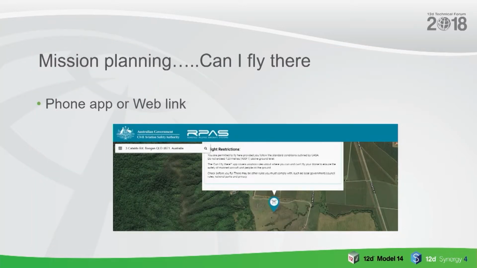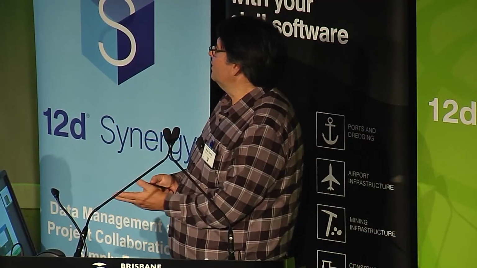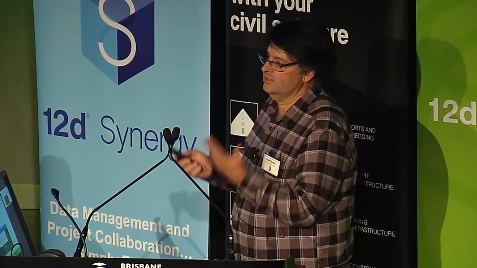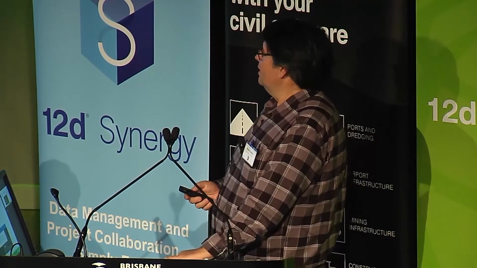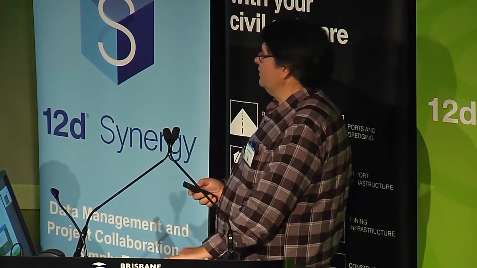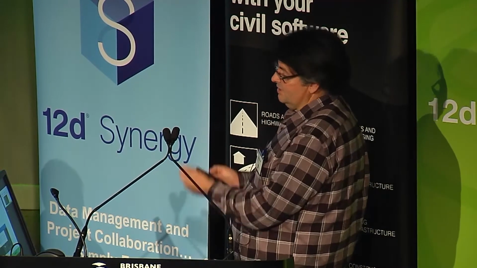So when we're planning a mission, the first thing I do, if somebody says, hey, can you go and fly a certain area, I go on the web and run a thing called Can I Fly There? So just Google search Can I Fly There? First off, it'll try to find exactly where you are, which is great if you're sitting in the office because you don't want to fly there anyway.